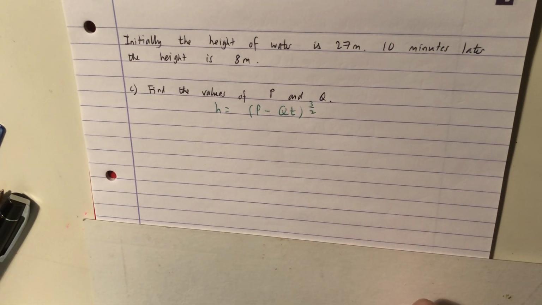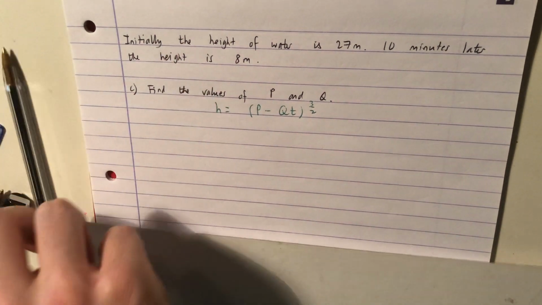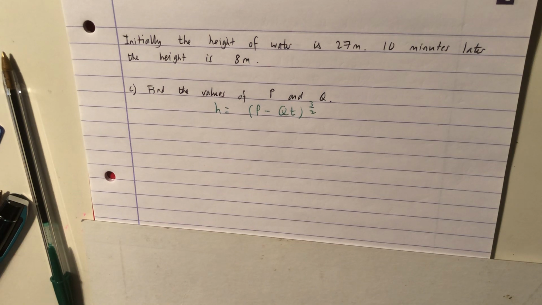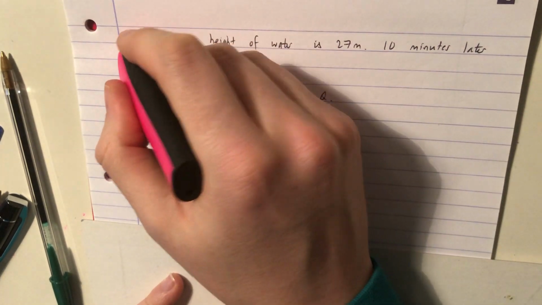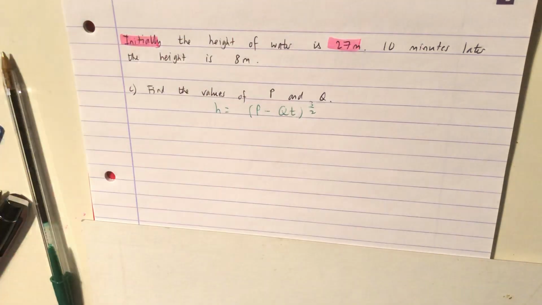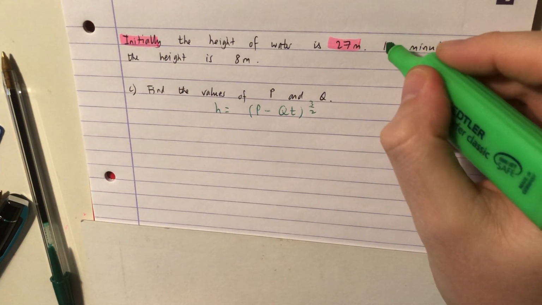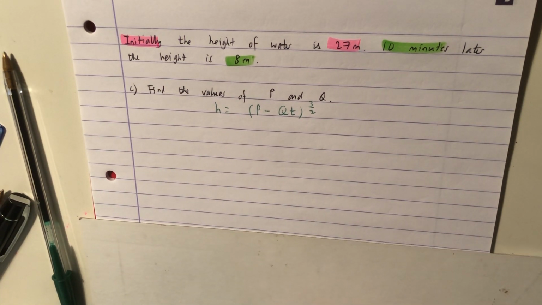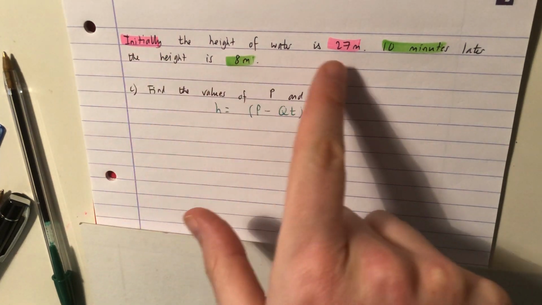And now we've been told initially the height, because remember this is actually the general solution. And because they've given us some initial conditions, we can actually work out these unknowns, p and q, like the plus c's normally. So initially the height is 27 meters.